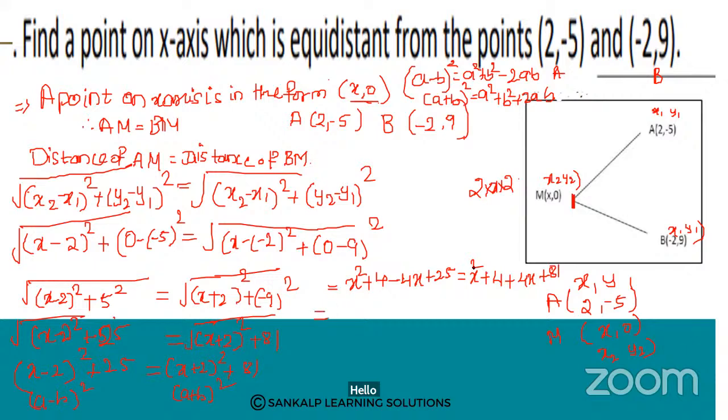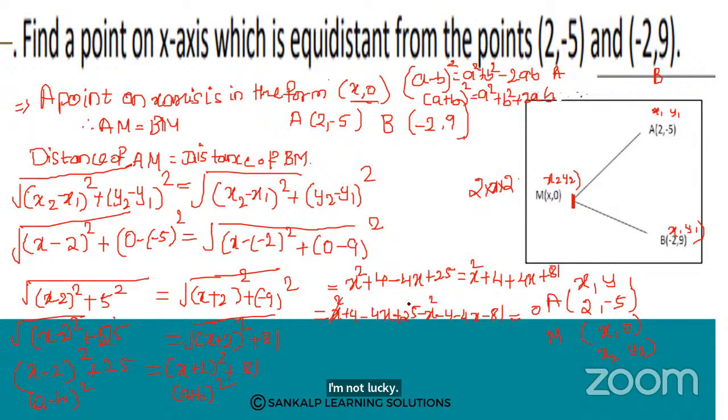Next, transfer all this from this side. This all becomes negative. X square plus 4 minus 4x plus 25 minus x square minus 4 minus 4x minus 81 is equal to 0.